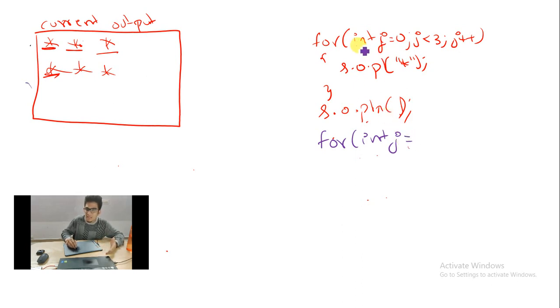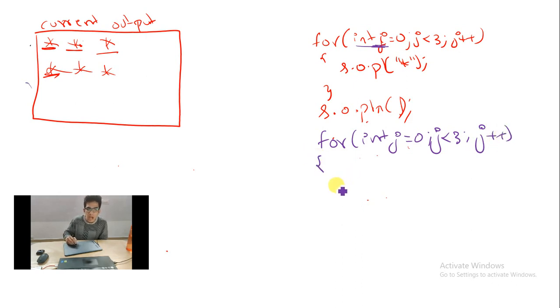Why? Because j is declared here, which means this j is available only for the red color for loop, and this j is available only for the blue color for loop, because it's a local variable. Int j equals 0, j is less than 3, j plus plus. You can write like this, no problem.